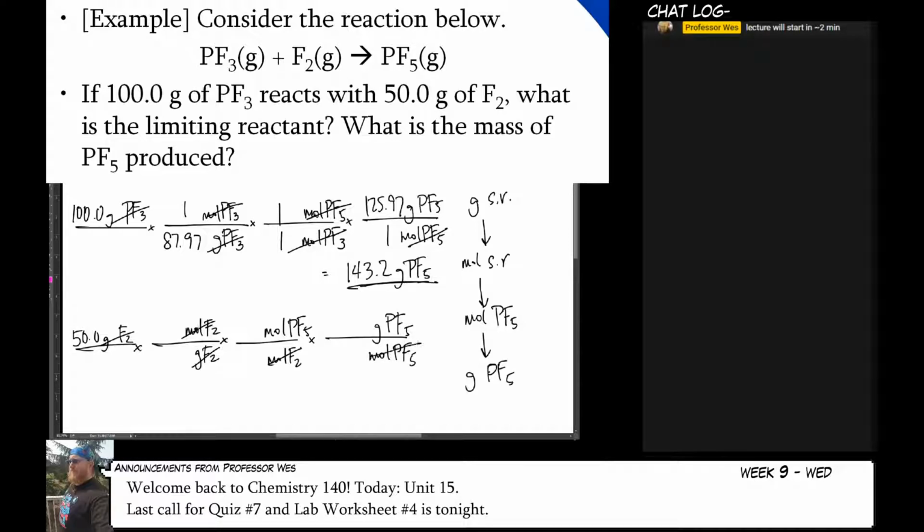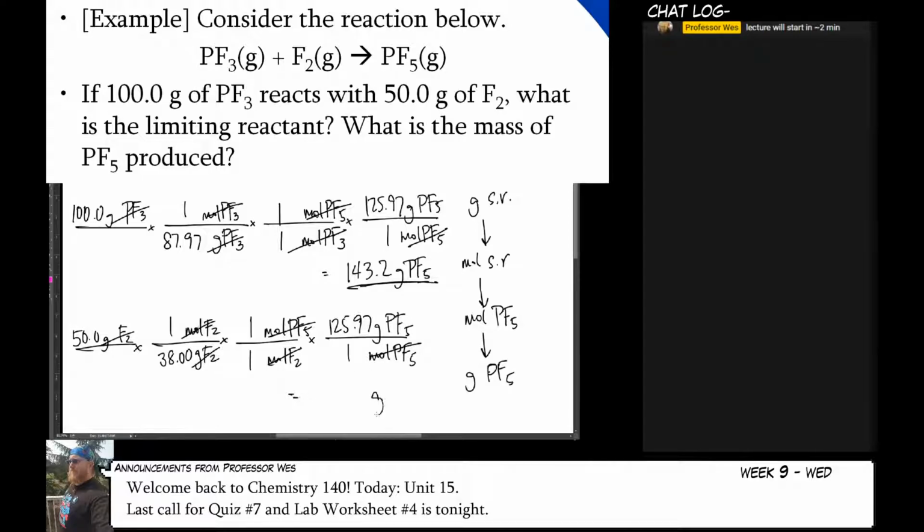Well, we'll turn moles into grams. Fluorine is 38 grams per mole, I believe. I should probably check that. Yeah. Still 1:1. And then this is the same as before.